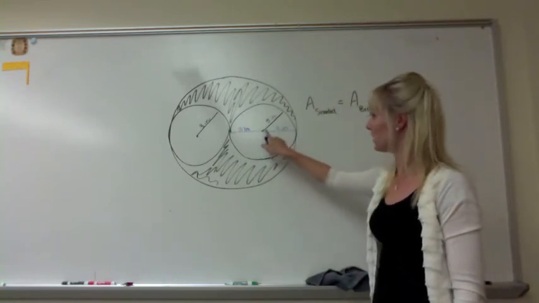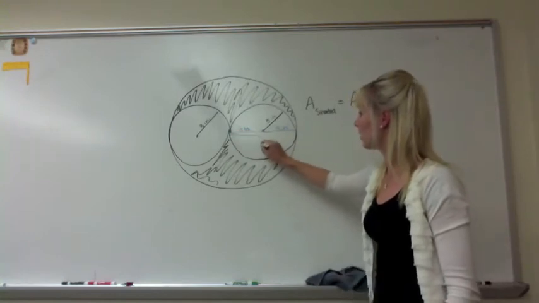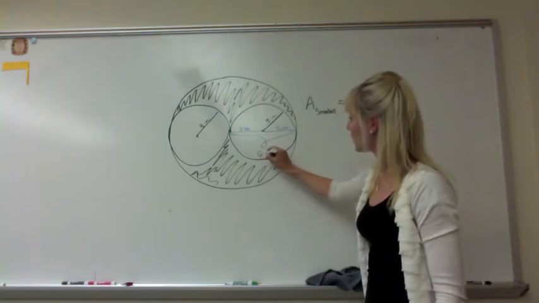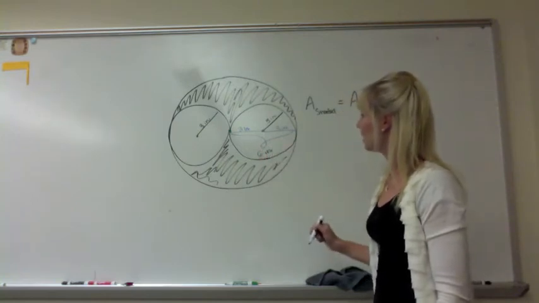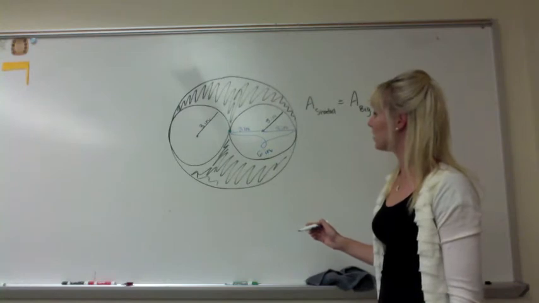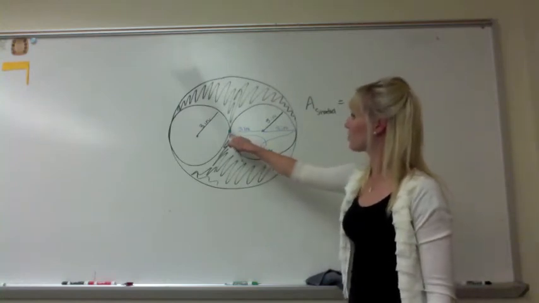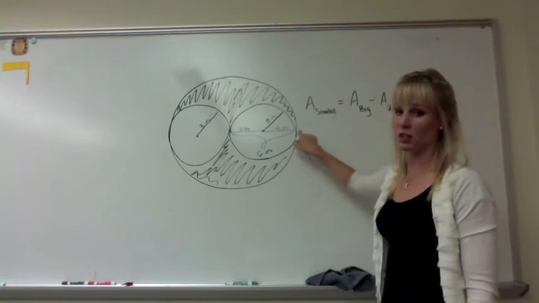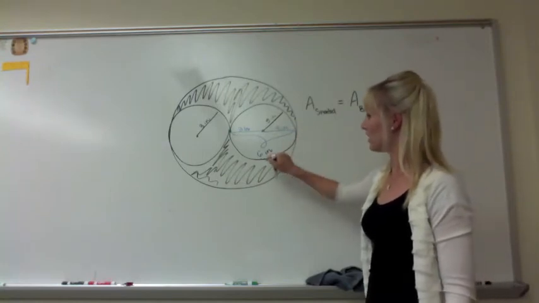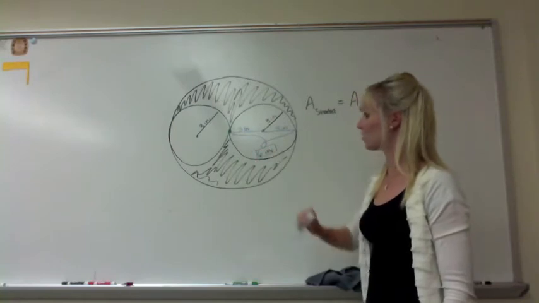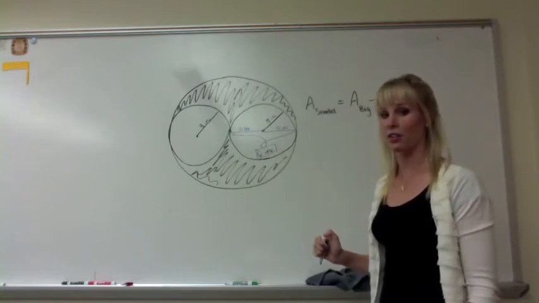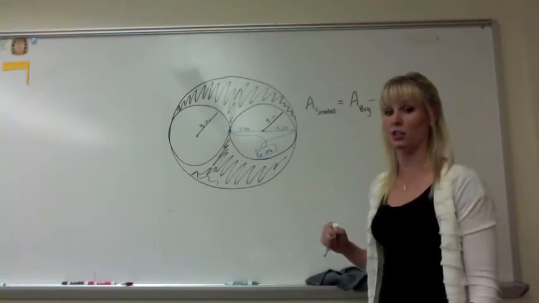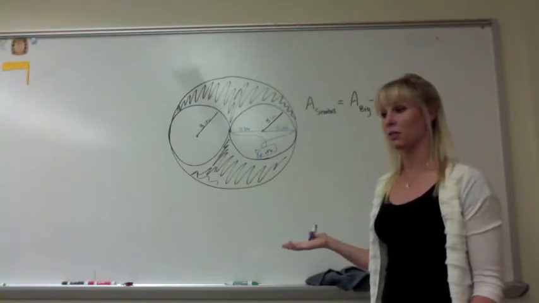If this is 3 and this is 3, the diameter of this small circle is 6 inches. Now this also happens to be the distance from the center point of the large circle to a point on the large circle, which means that this 6 inches is the radius length of the large circle. So now we can find the area of the large circle. So let's go ahead and do this.